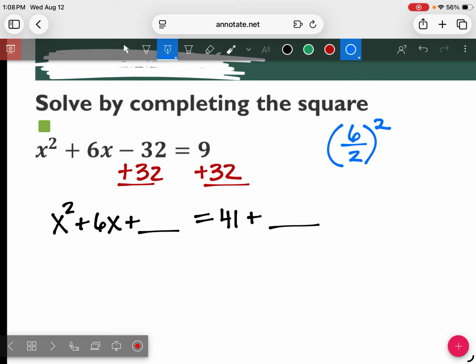We're always adding a perfect square. So 6 divided by 2, because B is 6. 6 divided by 2 squared is what? Who agrees? That is 9. Okay, let's put a 9 here and here.